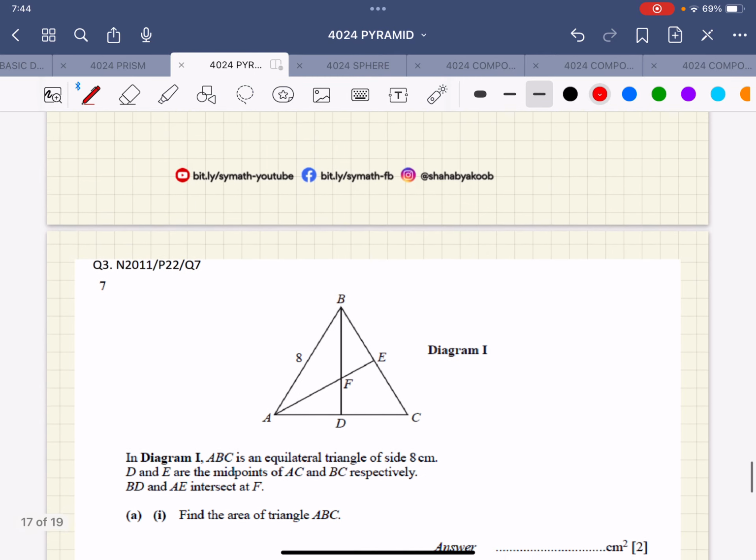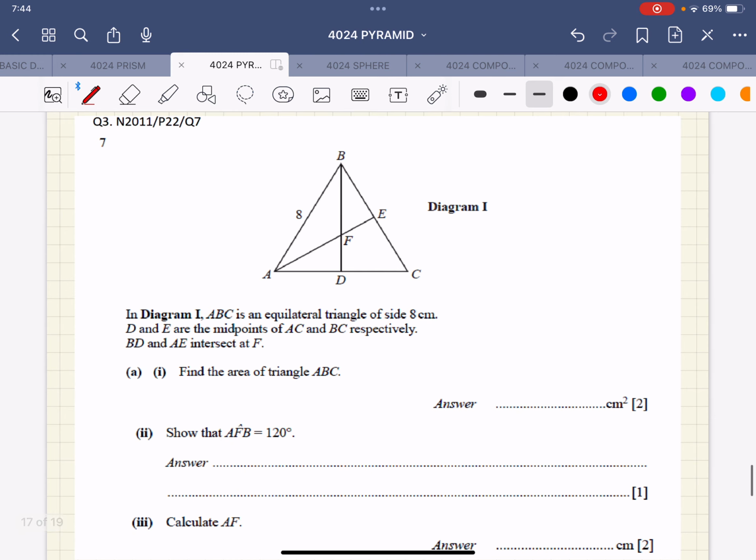Now, let me show you the working for this question. Now the question says, in diagram 1, ABC is an equilateral triangle of side 8 centimeter. So we have A, B, and C. That's an equilateral triangle. D and E are the midpoints of AC and BC respectively.